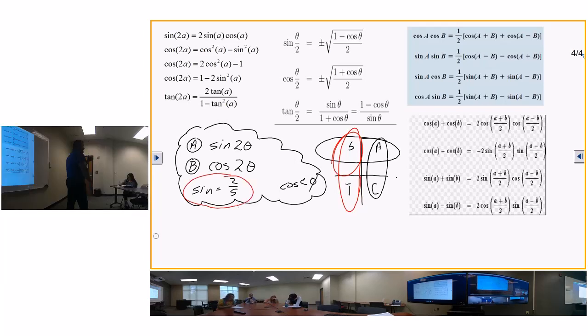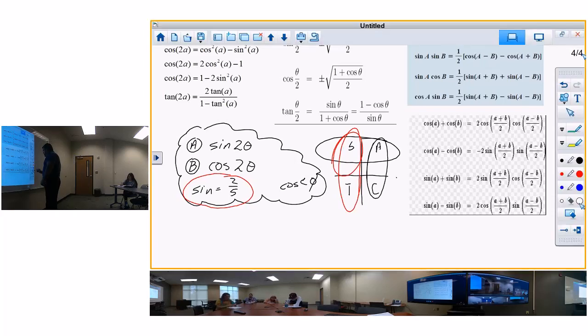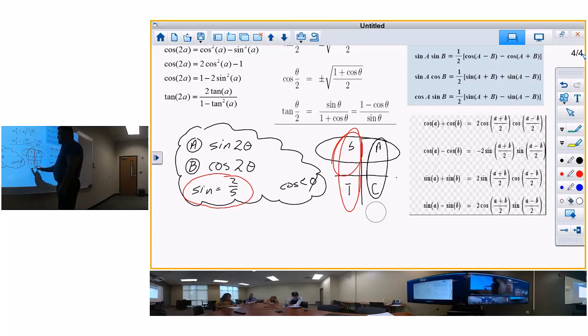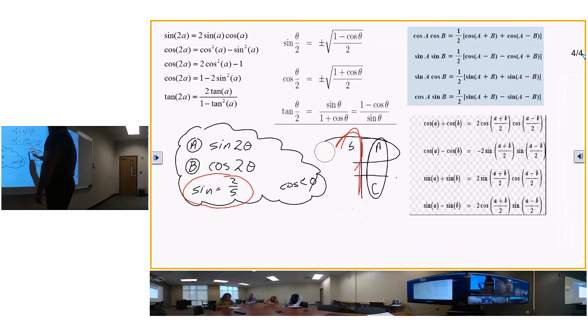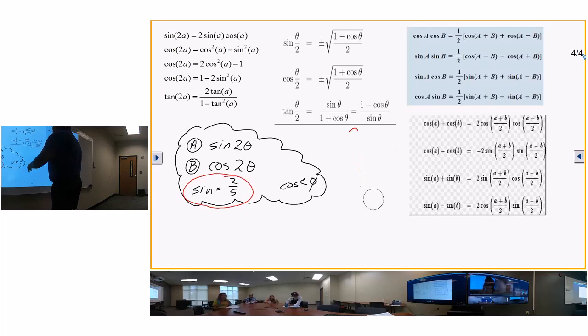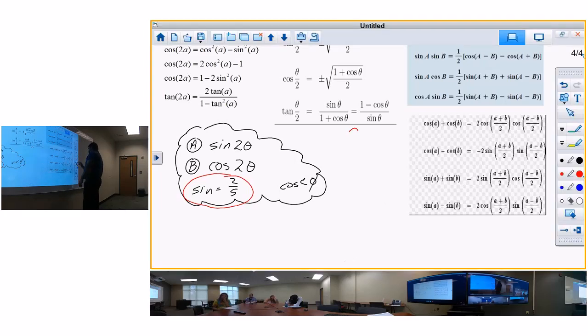Now you can do it by the identities or you can do it by the Pythagorean theorem. I don't care. We could erase this one, but if I erase that little red mark, it'll take that identity out, so I'm not going to do that.